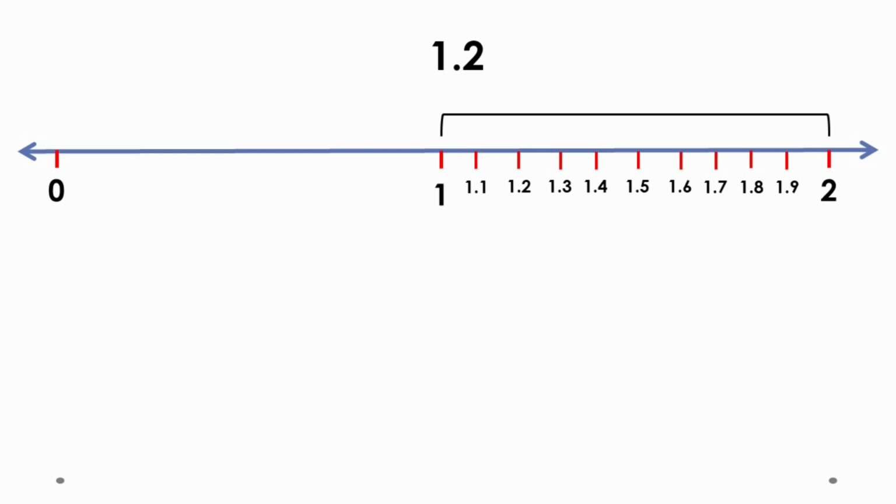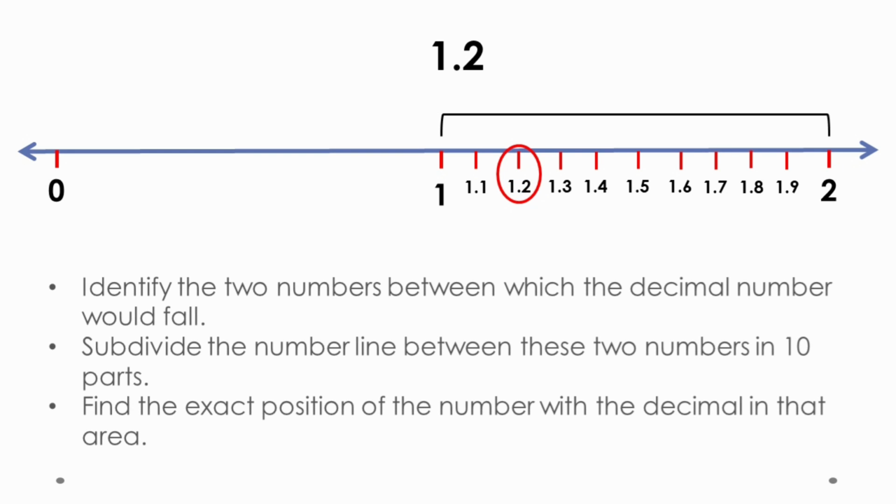Now, after this subdivision between 1 and 2, we can easily see and plot 1.2, which is here. So first, we need to identify the two numbers between which the decimal number would fall. Then we subdivide the number line between these two numbers into 10 parts. We will find the exact position of our number with the decimal in that area.